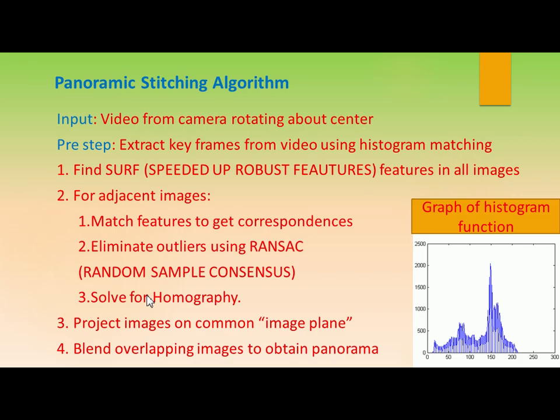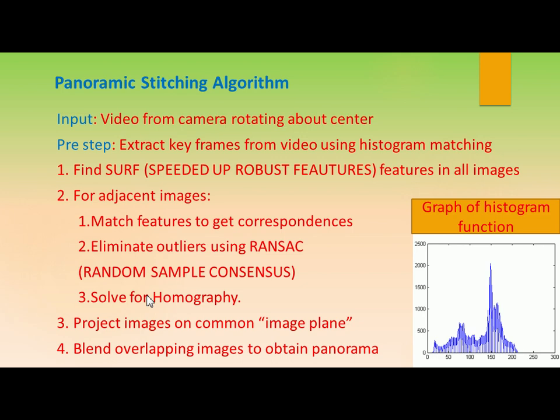We use the panoramic stitching algorithm in this way. At first we give the input as a video taken from a camera rotating about its center. First we extract the keyframes from the video using histogram matching. Histogram matching is a graphical representation of the function and the given data.